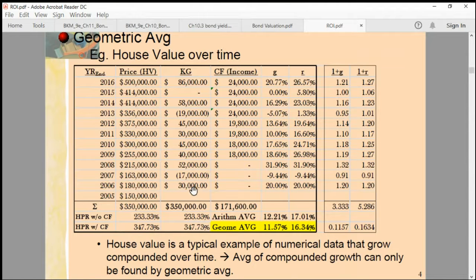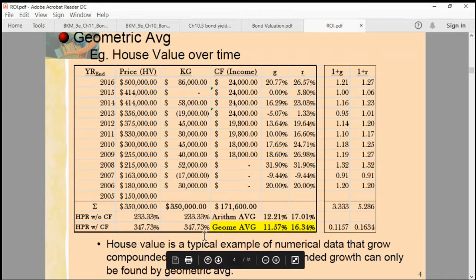If you sold the house, then the cash flow from the capital gains is like this, 30K, and so on. Every year you would have cash flow from capital gains. Of course, unless you sell the house, it's just paper gains. There's no actual realized gain. But even on paper, you have capital gains.